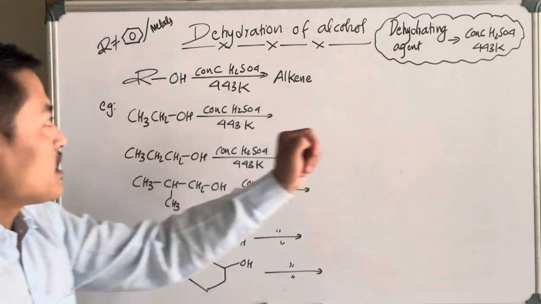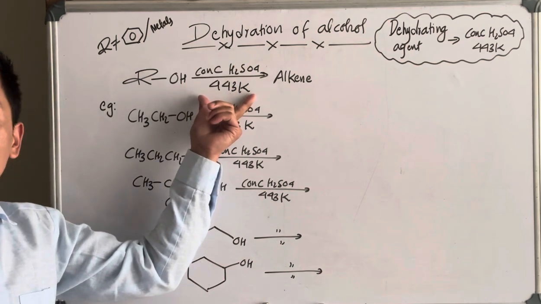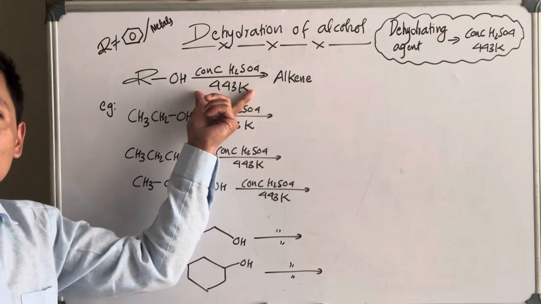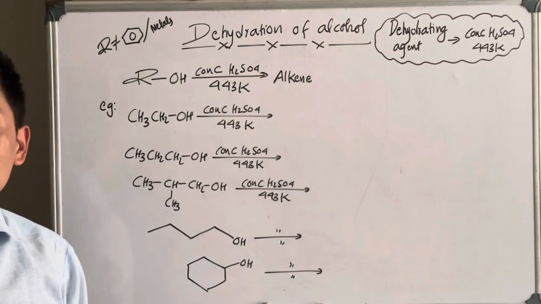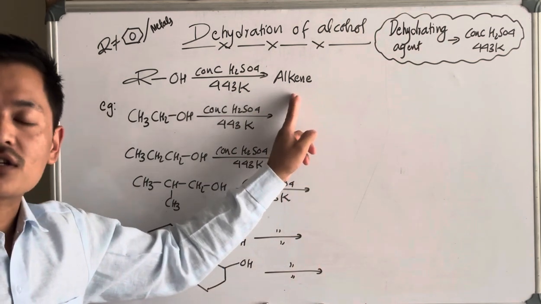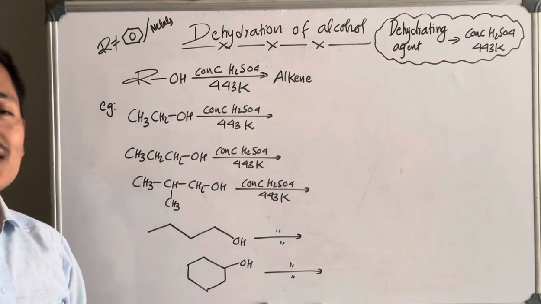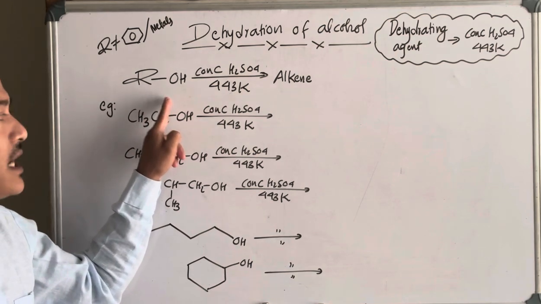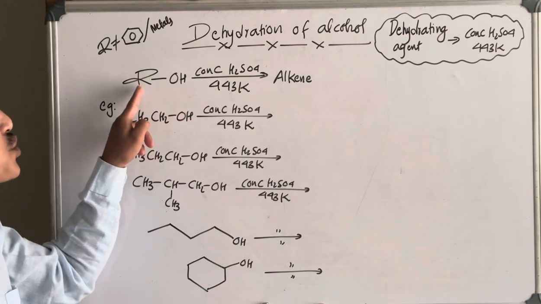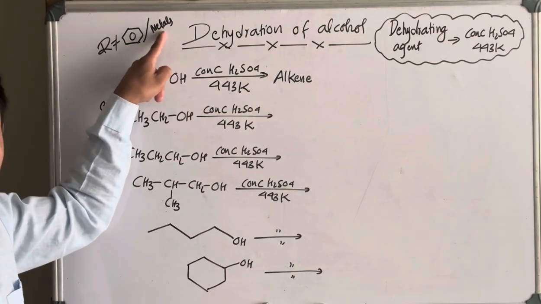Now, a given alcohol, when treated with concentrated sulfuric acid at around 443 Kelvin, will always give rise to the formation of alkenes. Alkenes means a double bonded compound. Alcohol always has this OH group, and this R should not be a benzene ring, nor a metal.